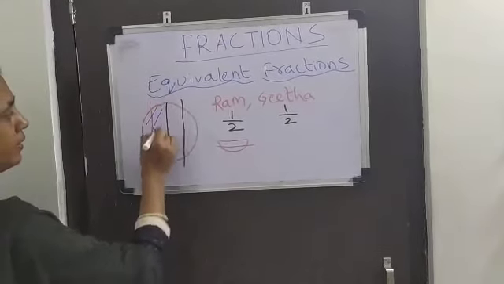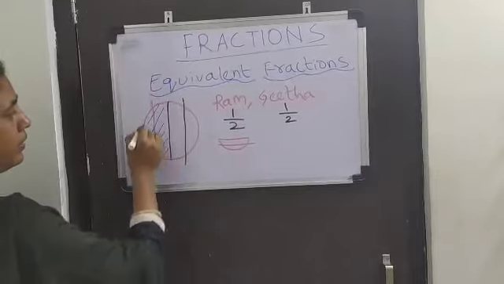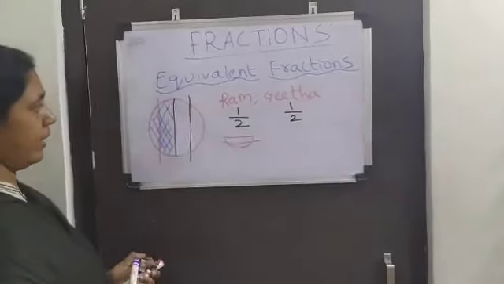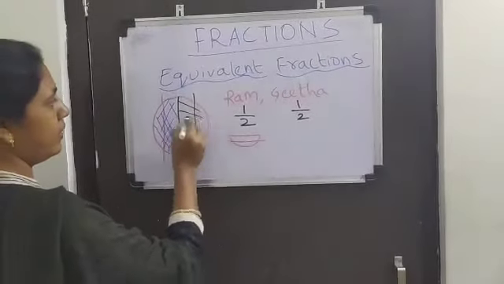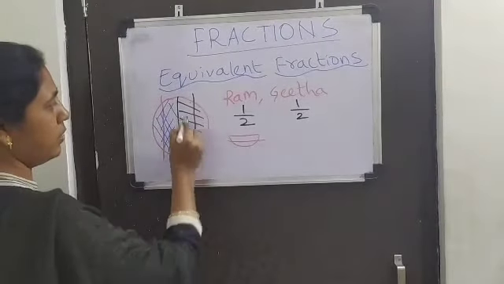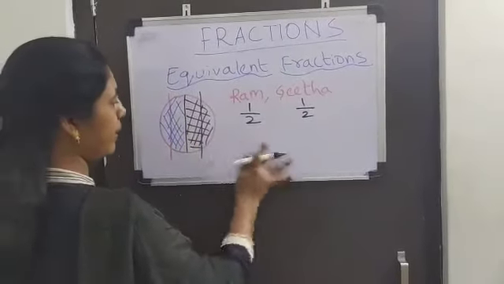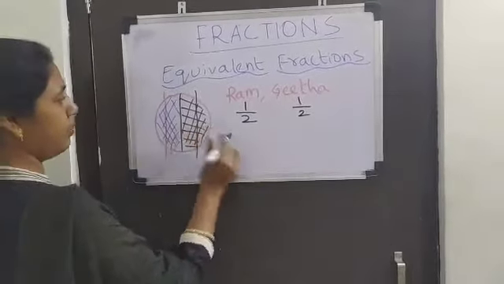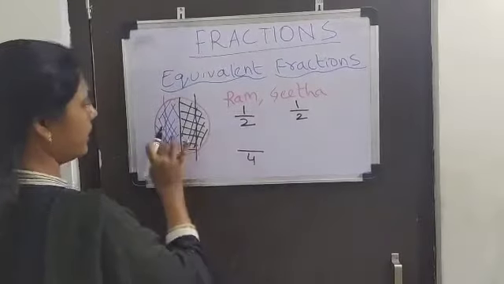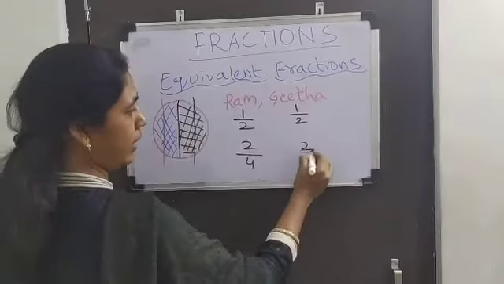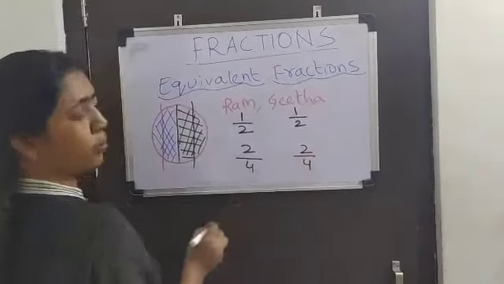Suppose these 2 Ram has eaten, and these 2 Geeta has eaten. Actually how many parts are there? After dividing, 1, 2, 3, 4. 4 parts. In that Ram ate how many? 2 parts. Here also Geeta ate 2 out of 4.